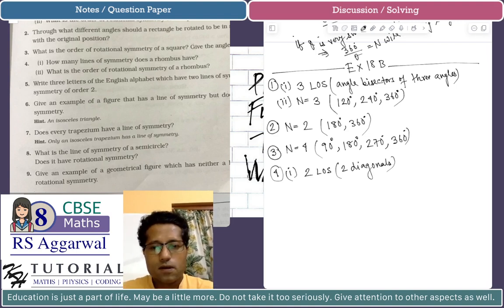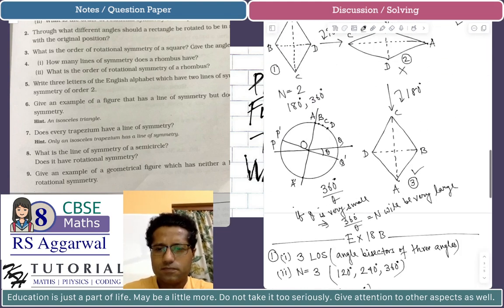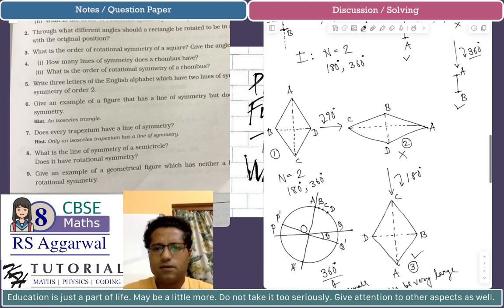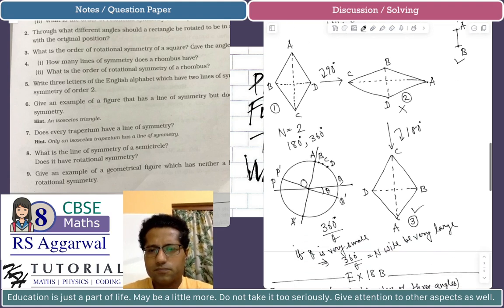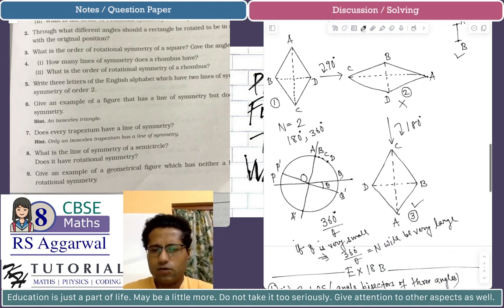Okay. And part 2 is, what is the order of rotational symmetry of a rhombus? N equals 2, as we have seen, and the angles of rotational symmetry are 180 degree and 360 degree. As you can see, if I rotate the rhombus by 90 degree, it is not looking identical, but if I rotate by 180 degree, it is looking identical.